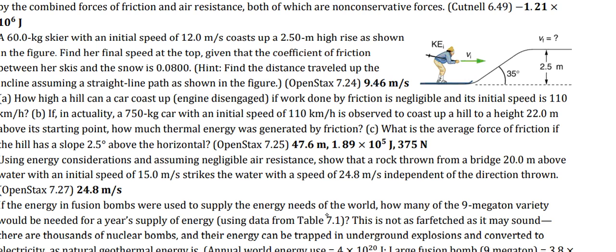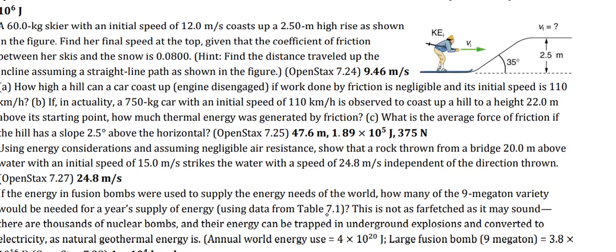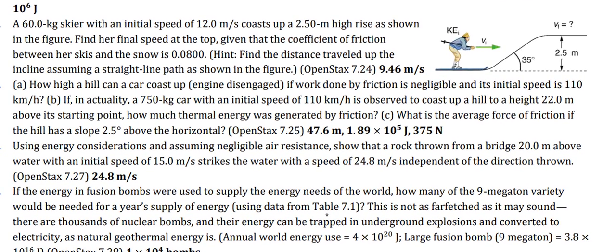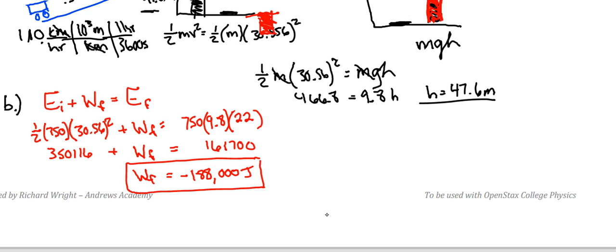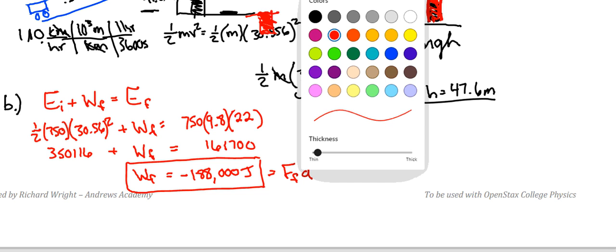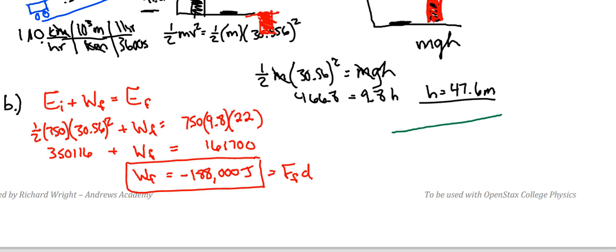And then it says, what is the average force of friction if the hill has a slope of 2.5 degrees above the horizontal? So that makes it considerably more difficult. So we already know what the friction work is. That's equal to the force of friction times the displacement, or the distance over which friction acts. So I'll switch to green for this last part. This is a really gentle slope of 2.5 degrees, and we know that the height of that slope is 22 meters.